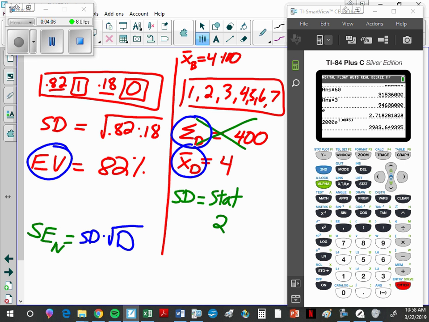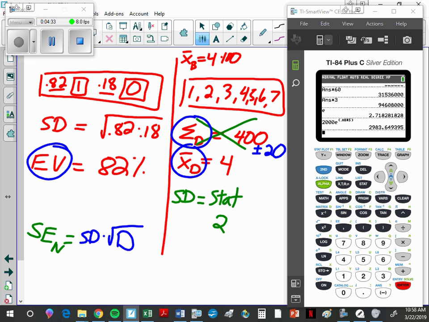So in this case, it would be 400 plus or minus 2 times the square root of 100, which is 10, so 20. If you roll a 7-sided dice 100 times, you are expected to get 400 points plus or minus 20. Now that's a probability. You have a 68% chance of doing that.